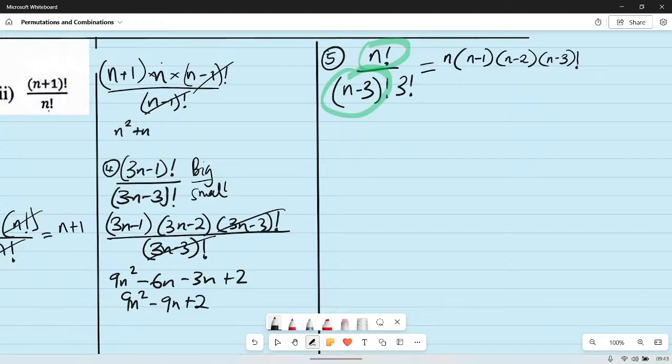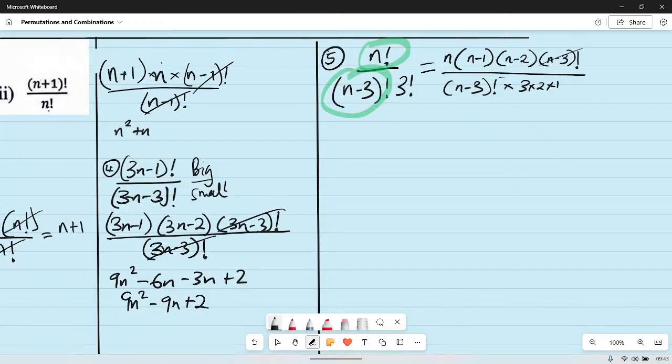And we know that 3 factorial is what? 6, and that's 3 times 2 times 1.